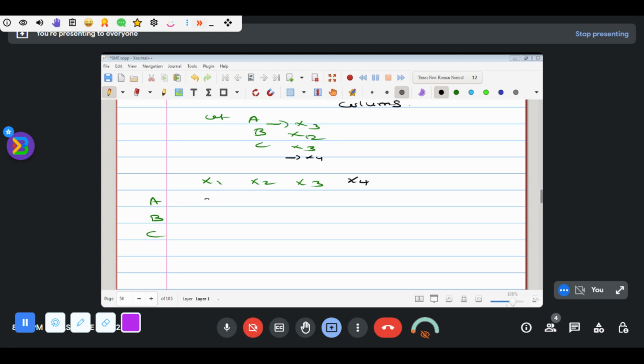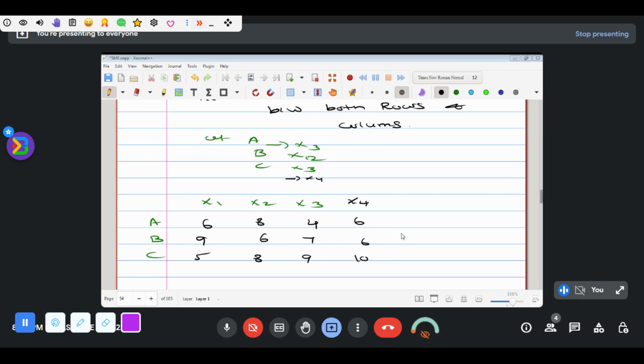The values here are 6, 9, 5. Corresponding values here 8, 6, 8. And also 4, 7, 9. And x4 here 6, 6, 10.